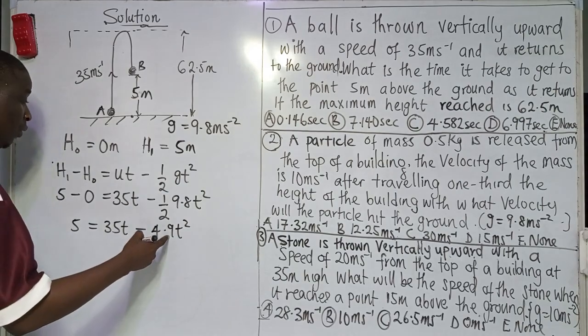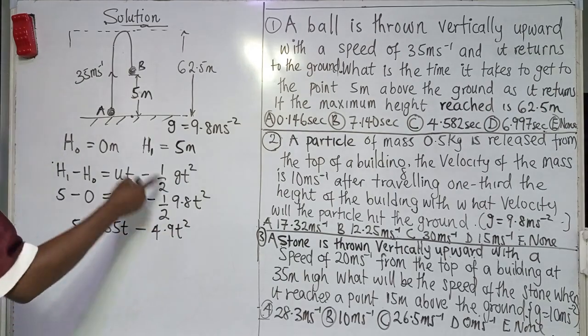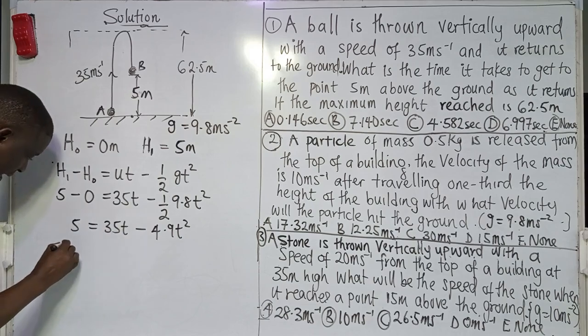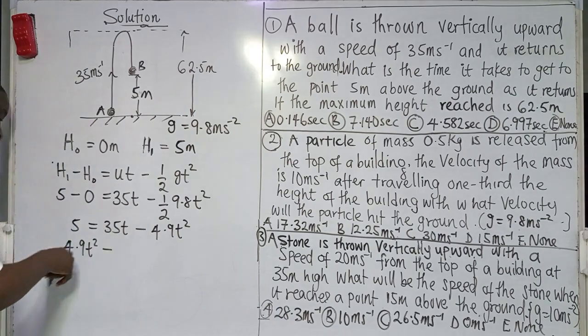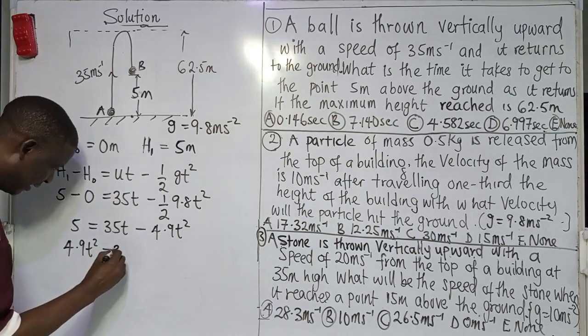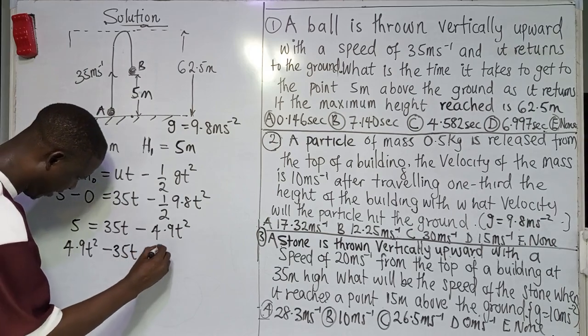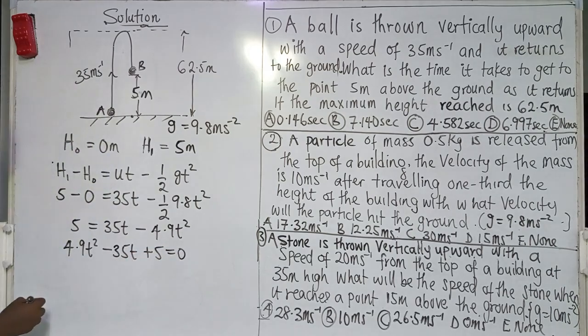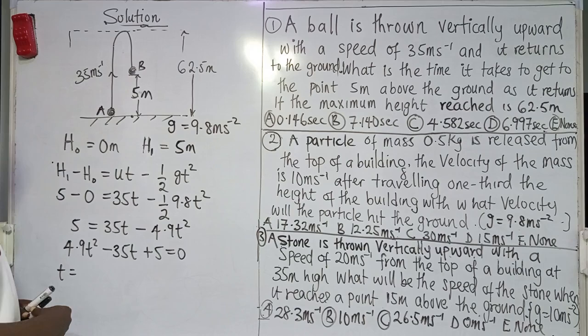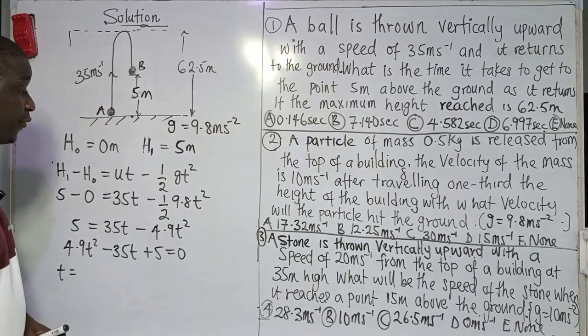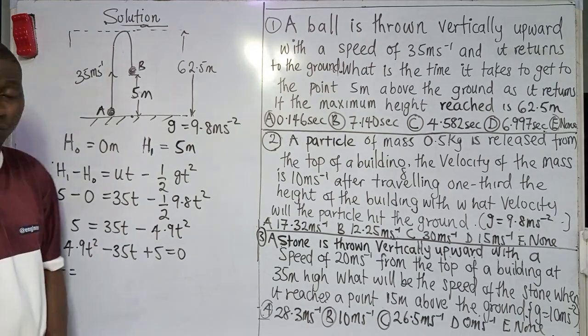Now, what I want to do is to collect like terms and turn it into a quadratic equation. So 4.9 T squared minus 35T plus 5 equals 0. How do we find our T now? We use the quadratic formula method, or probably you can use your calculator.